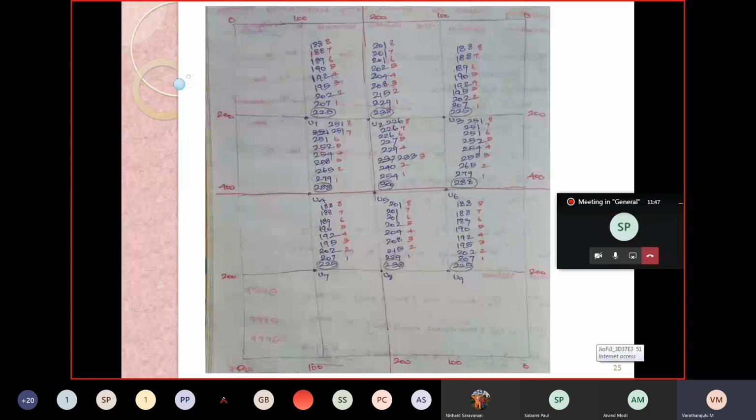Okay. I think this is the result of the last problem. U1 is equal to 188 and U2. So can you show the last slide once again? Yes.